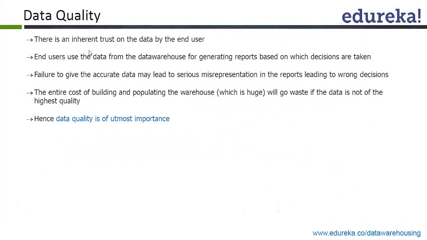Failure to give accurate data may lead to serious misinterpretation of the report, and lead to wrong decisions. The user could interpret the data wrongly, and the purpose of the end user is not solved here. If you give him a wrong picture, he will take wrong decisions. So to avoid that, we need to maintain the quality of the data.